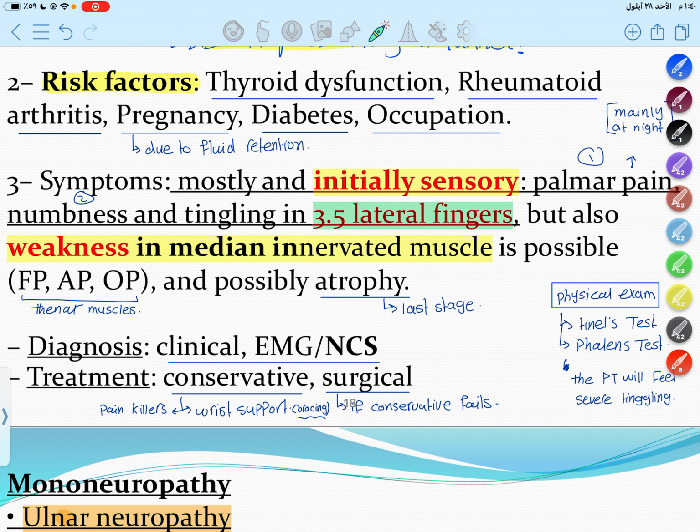But if the problem is very severe and prevents the patient from living normally, then we ask the surgeon for decompression of the tunnel. Decompression removes the fibers around the nerve. So this is carpal tunnel syndrome.